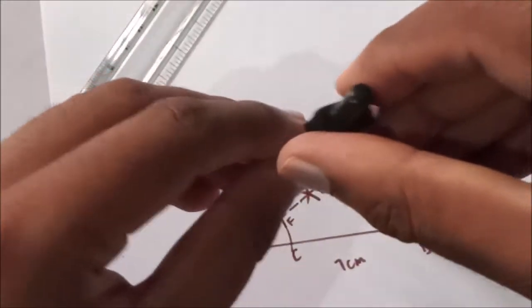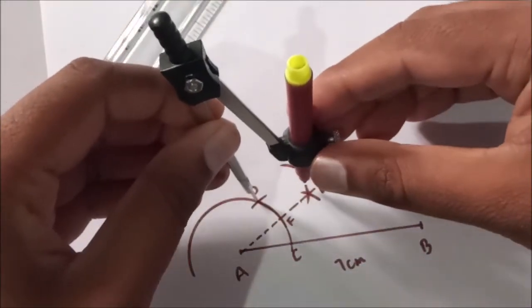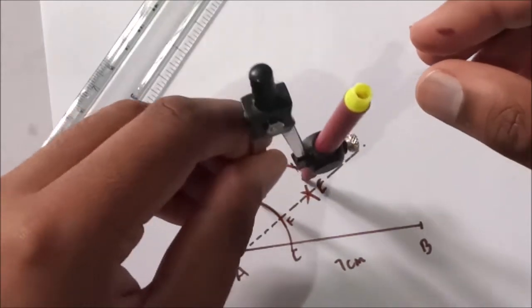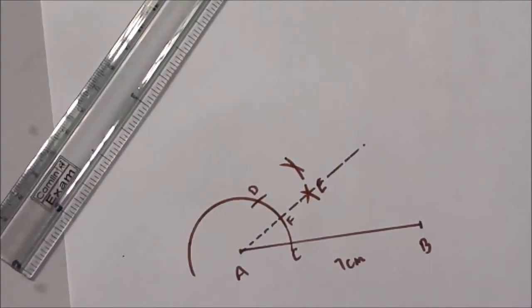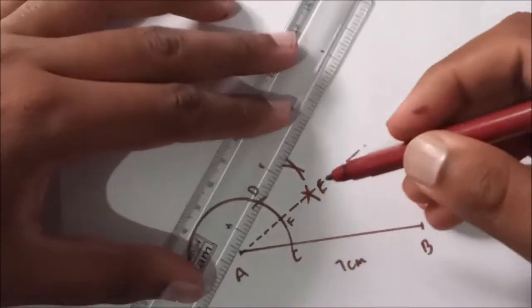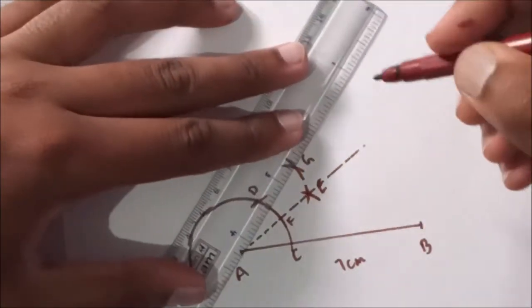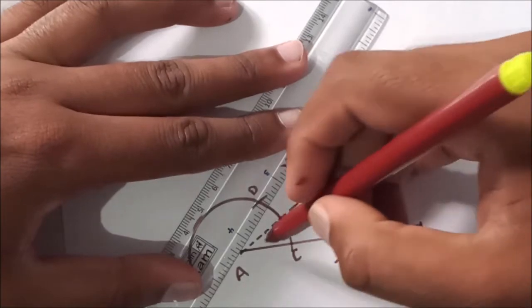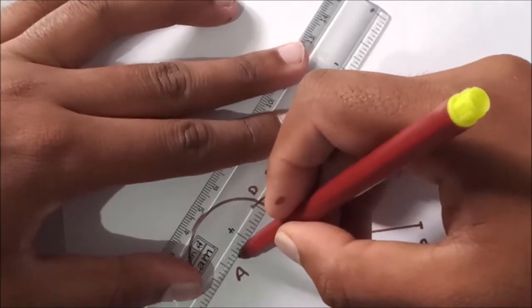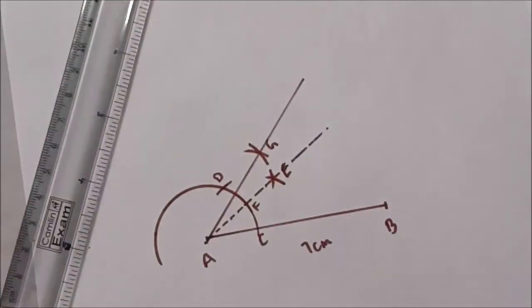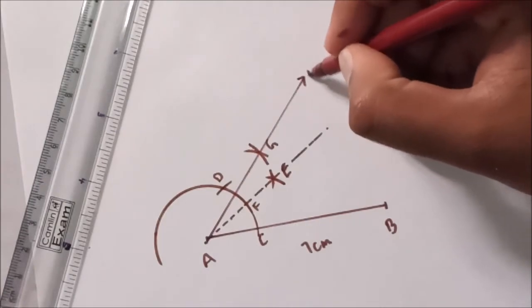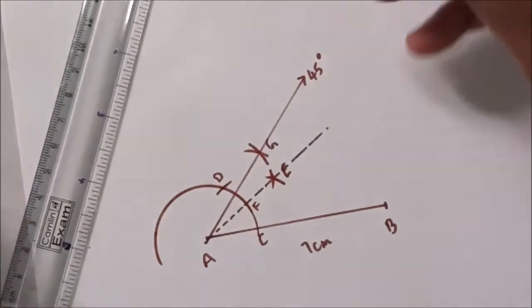From F, one arc, from D, one arc. Now join A and make it G for your reference, A and G. So this angle will be 45 degrees.